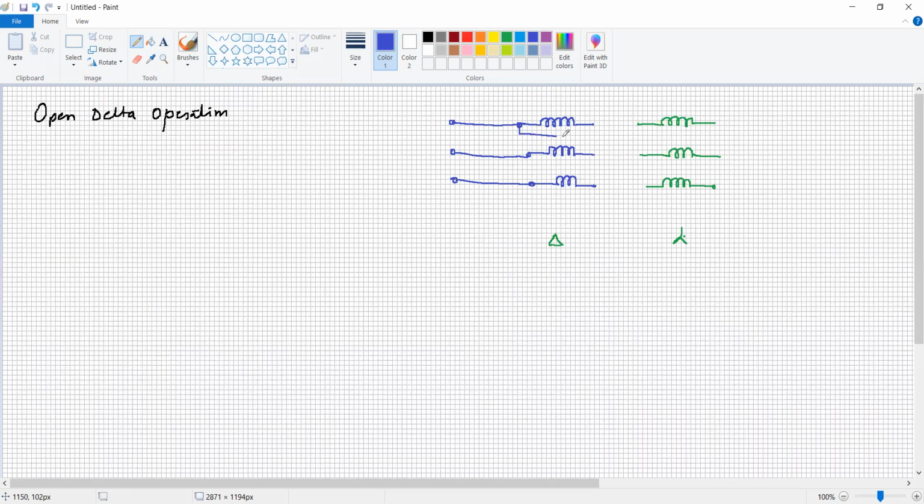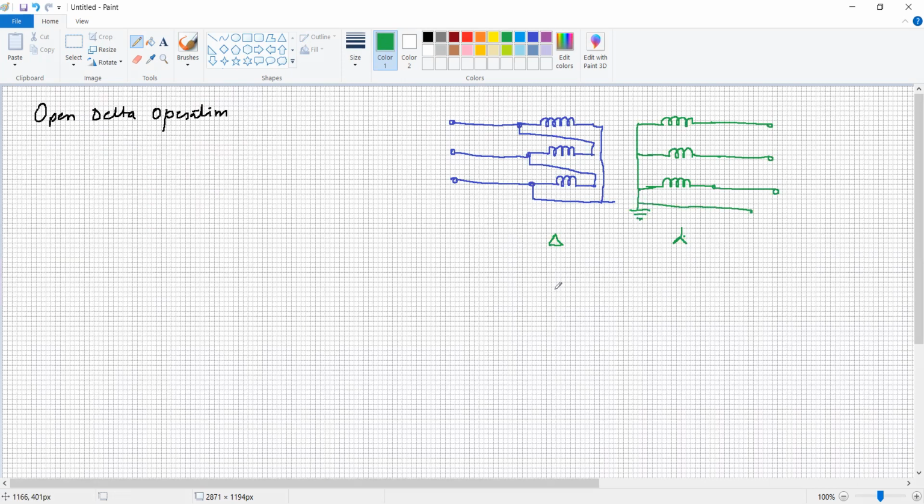And this is the delta connection. Whereas the secondary winding, the LV winding, is star connected and is given to the LV side. And we have a neutral point or neutral conductor, isn't it?